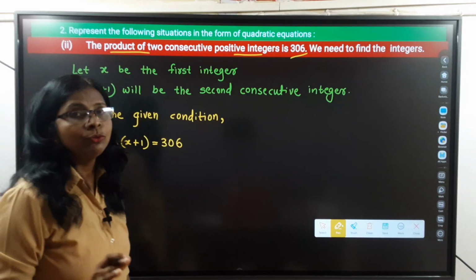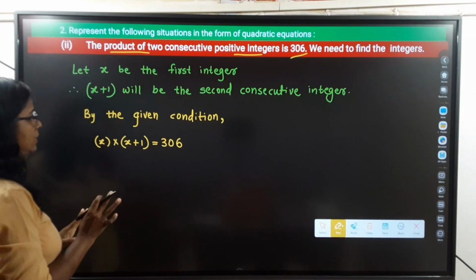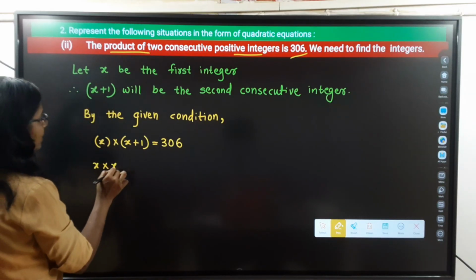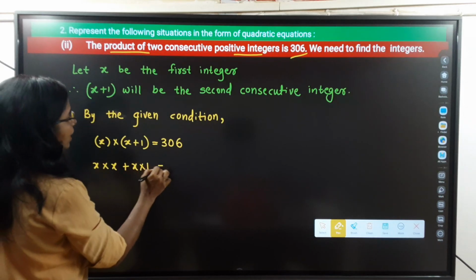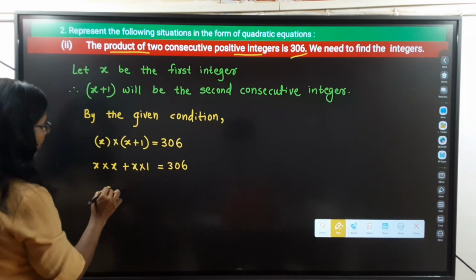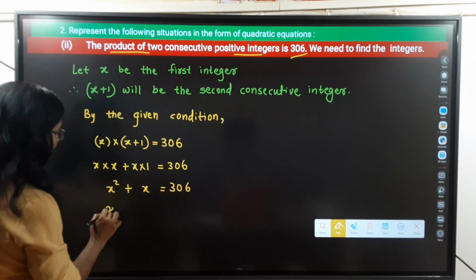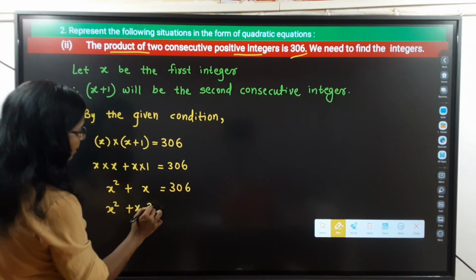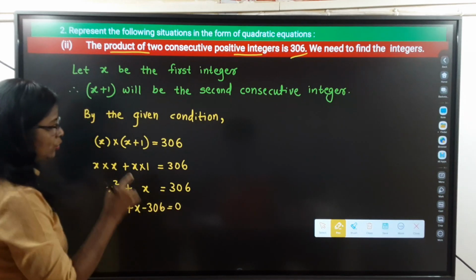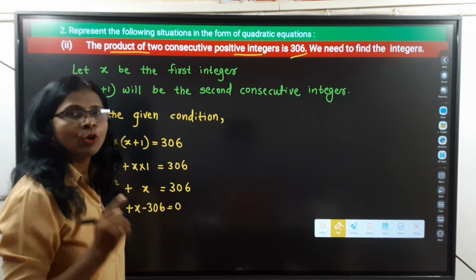So now we have to simplify this equation. x multiplied by x plus x multiplied by 1 is equal to 306. Therefore x square plus x is equal to 306. Therefore x square plus x minus 306 is equal to 0.